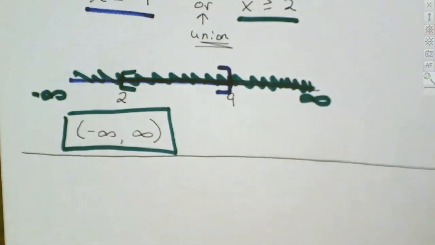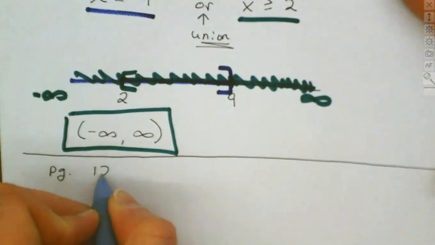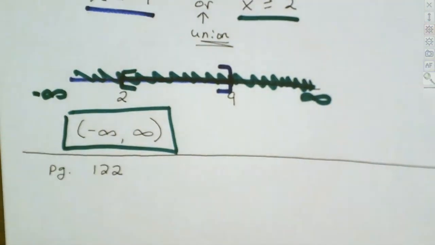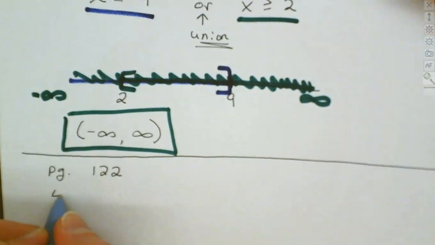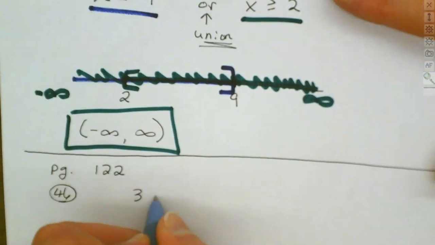Let's look at page 122. We will look at question 46. And I'll write it up in case we don't have our textbook, but this is what we've got here.